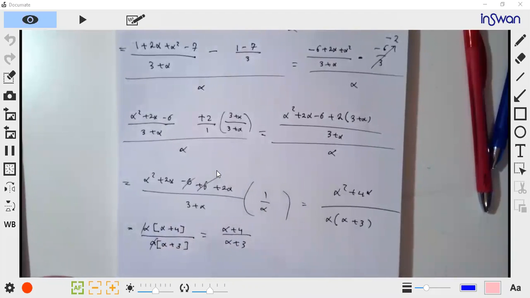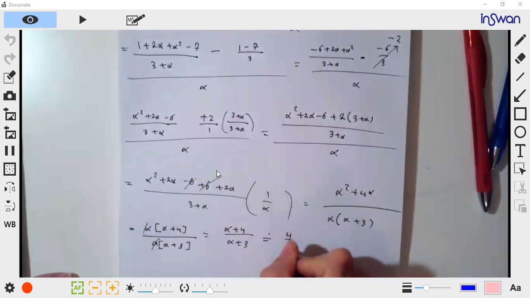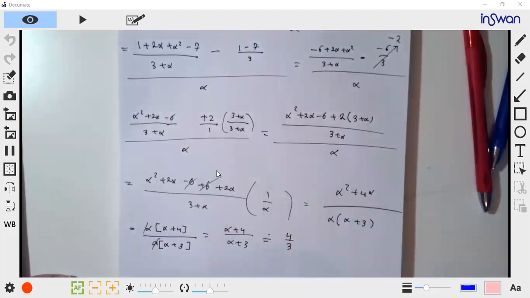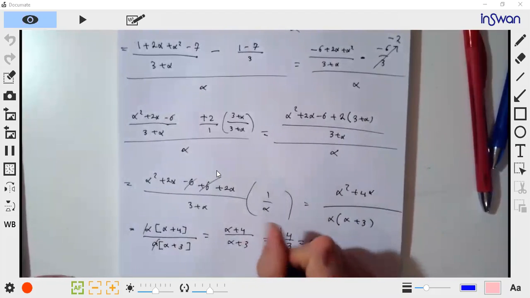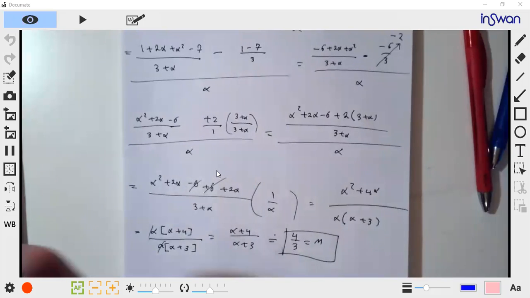Notice that this renders the real result, 4 over 3. So this is our slope. This is the slope of the tangent line of the function x squared minus 7 divided by x plus 2 at x equals 1.